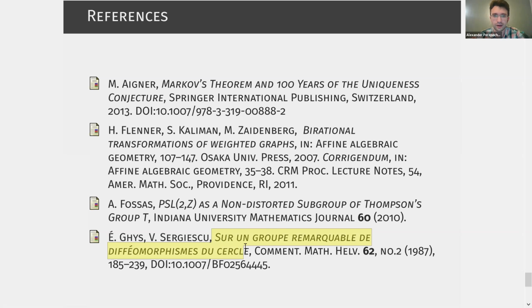There is a well-known article in French, and there is also another article on PSL(2). And finally, for dual graphs and transformations of algebraic surfaces, all the technique and machinery is contained in the articles by Flenner, Kaliman, and Zaidenberg, on operational transformations of weighted graphs.